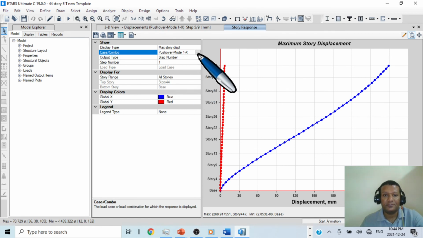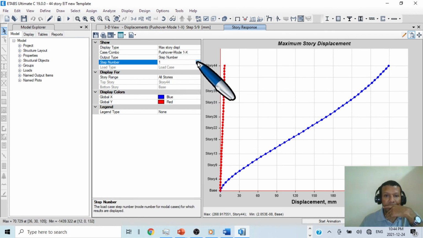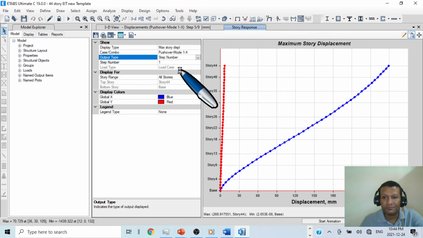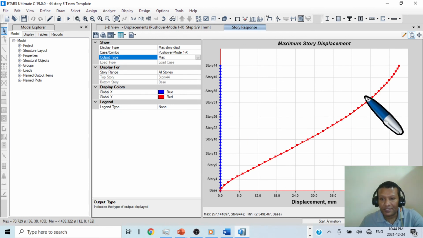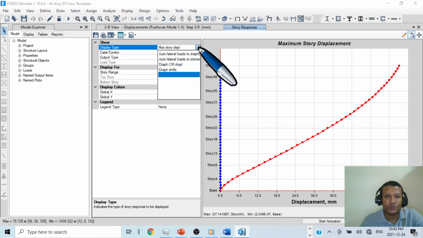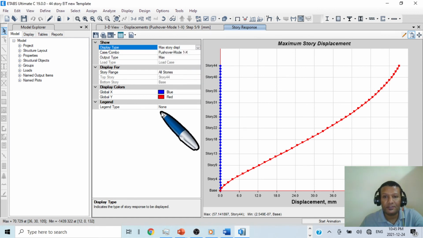Then for example, step number maximum or minimum, you can choose maximum, and this is the maximum. As you can see, 44 stories, and the steps around 46 steps. You can see maximum story displacement, maximum story drift.